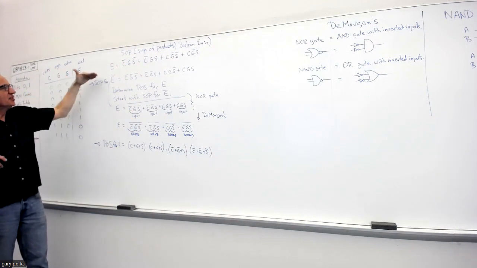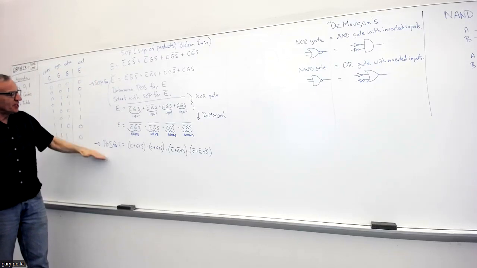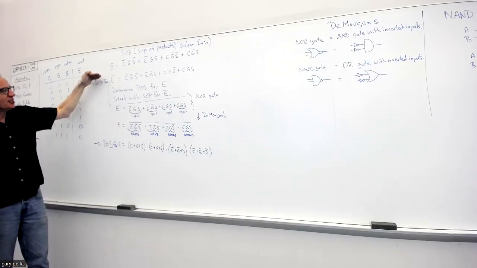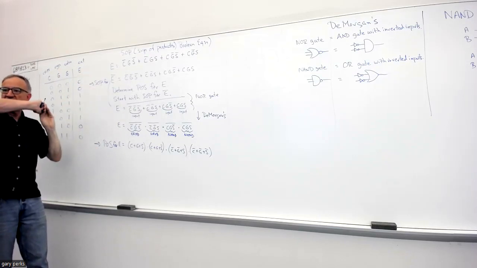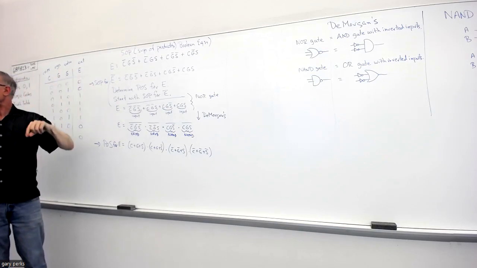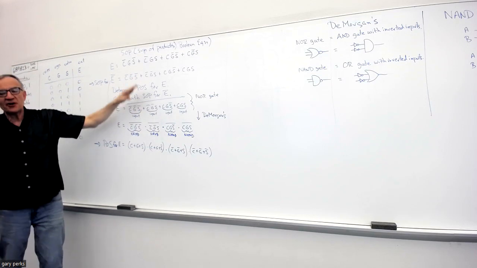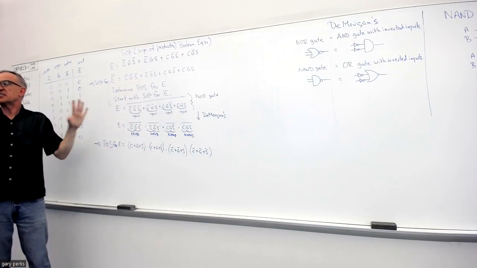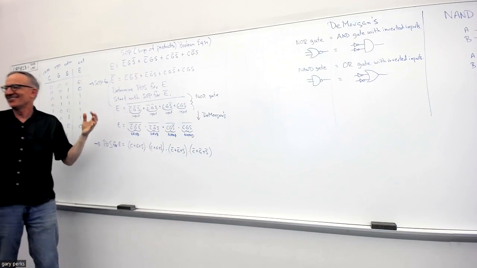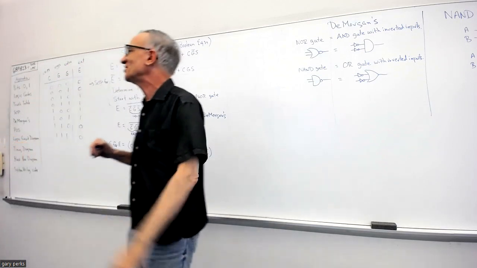But in this class, you can go directly from SOP to POS or from POS to SOP just by doing what we just said. Just invert everything, change ORs to ANDs and ANDs to ORs. Okay, but I wanted to show you the derivation, just so you don't think it's magic. Unless you think De Morgan might have been.